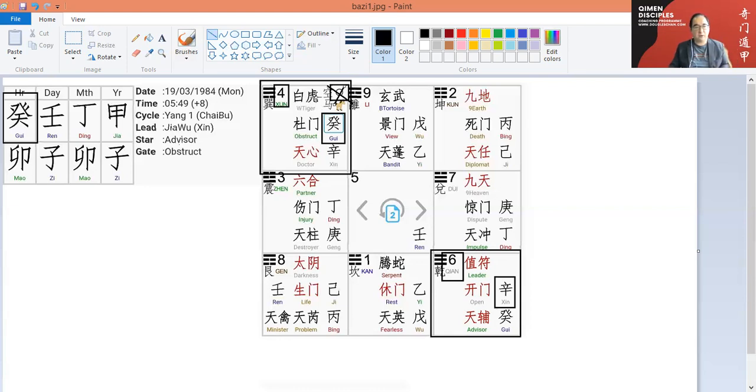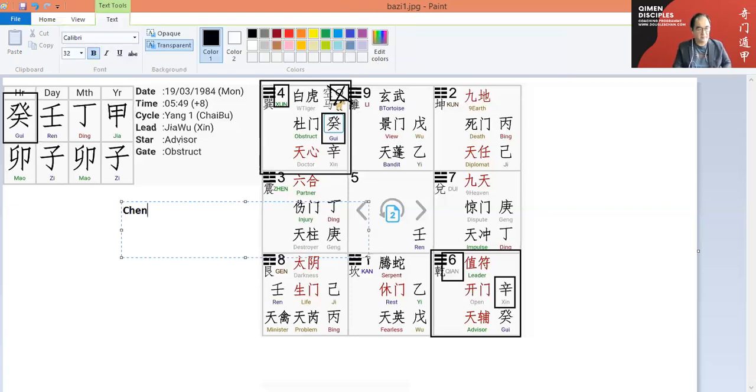So in order for this circle or this emptiness to be filled under the branches category for this chart only, we will need to look at Chen year and then Si year. Let me write it down. Chen year, Si year, which is in box number 4.